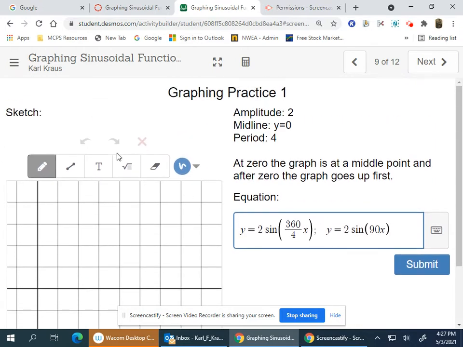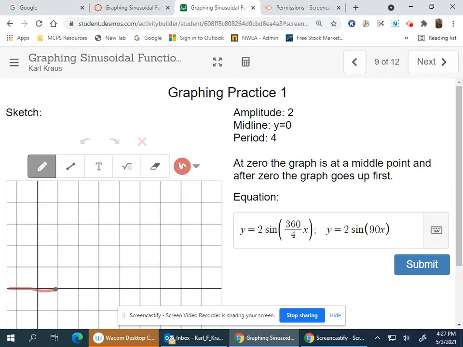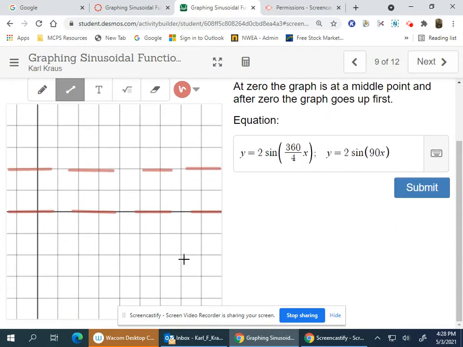So once again, you want to start with your midline. y equals 0, that's the x-axis. We'll use the straight edge tool to make it a little bit neater. So y equals 0, and then up to y equals 2, and then down to y equals negative 2.